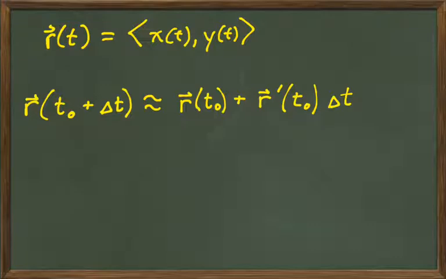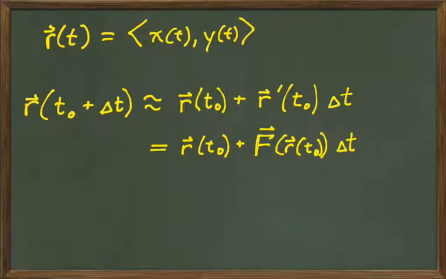And for our vector field, we know what that is too. We've got the initial position and we've got the value of the vector field there. So this is just a simple application of linearization that lets us approximate where our particle is going to go given any starting point.